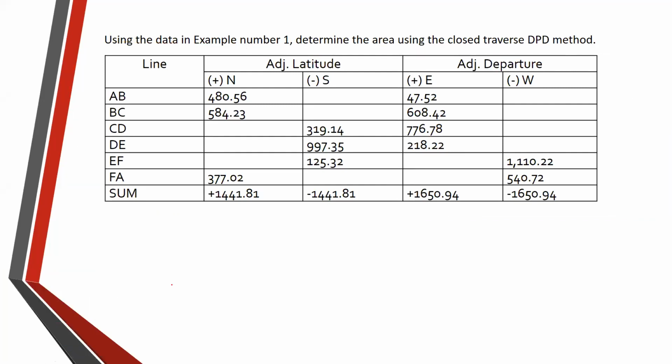But ang gagawin natin dito, instead of using the DMD method, we will use the DPD method. Okay? So again, na-check na natin na balance siya. Pag balance yan, close na yung traverse natin.